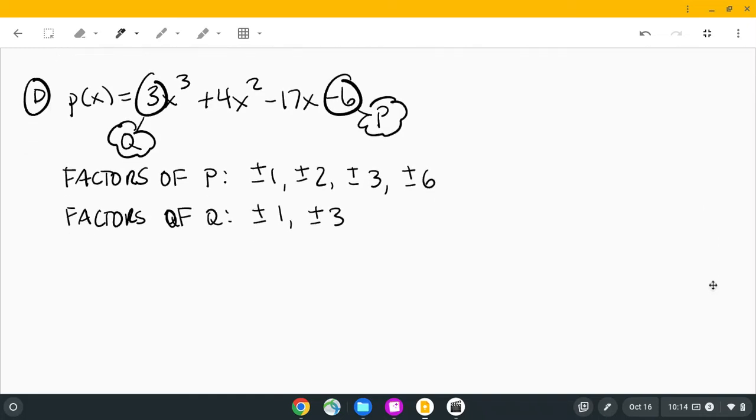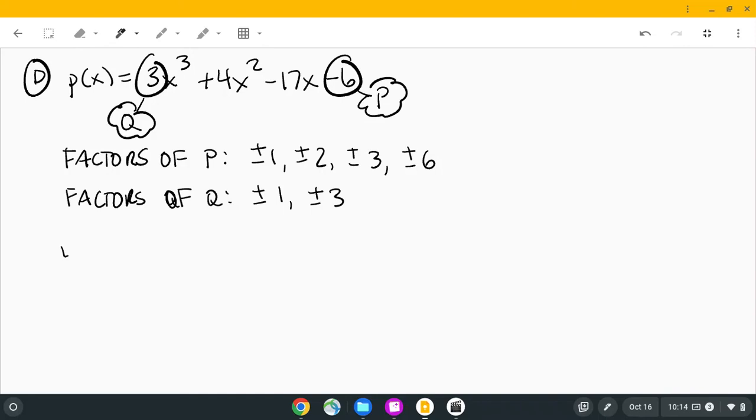Okay? So now I can make my list of possible rational zeros. So it's going to be all of these guys over 1, all of these guys over 3.